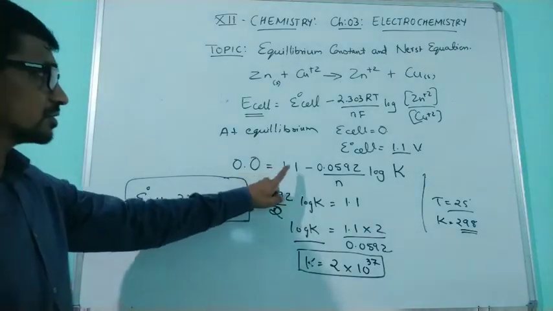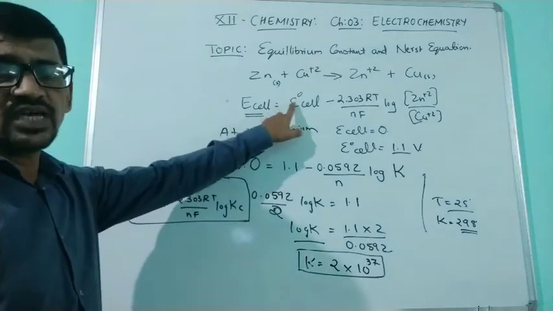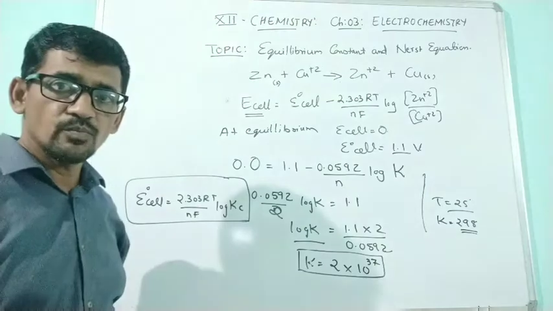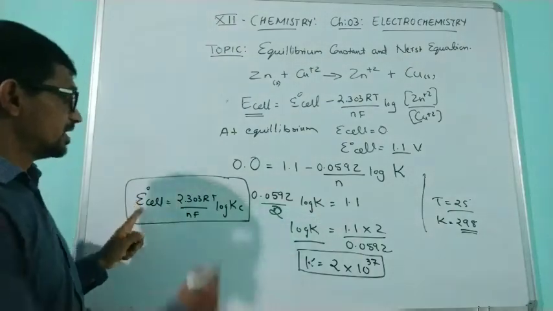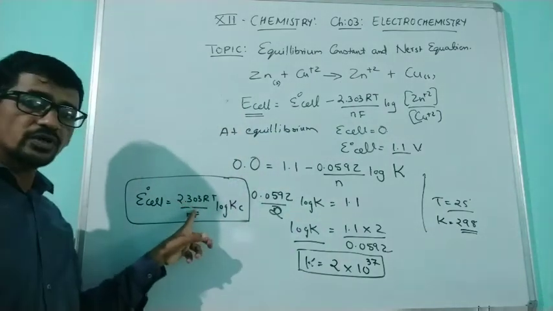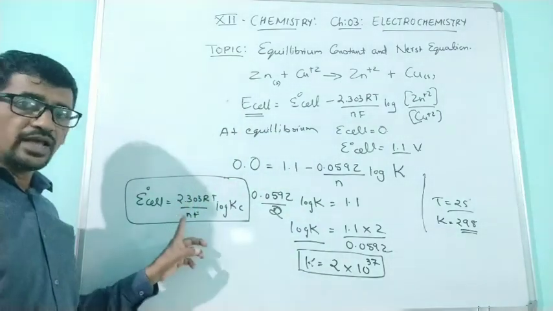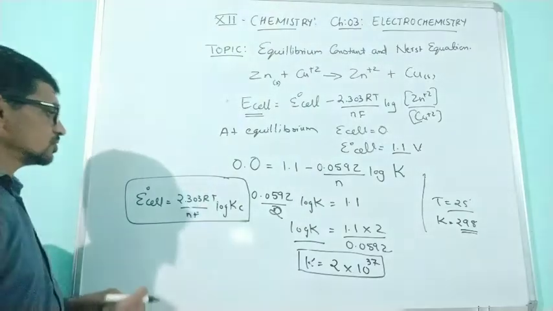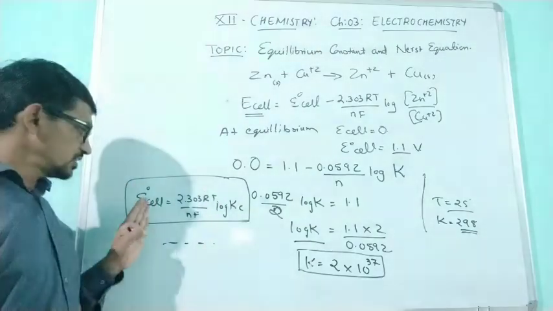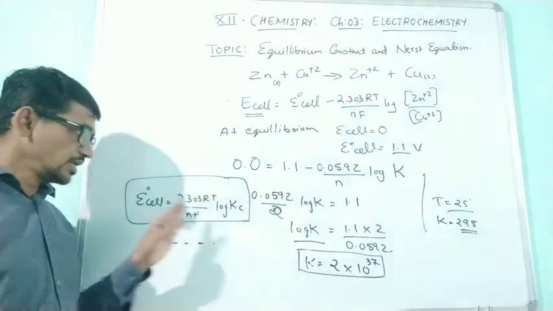Okay, for the Daniel cell, the cell potential is 1.1. But if you take another cell, then we can write E cell is equal to 2.303 RT and F log Kc. So this is the equation related with the standard cell potential and Kc.